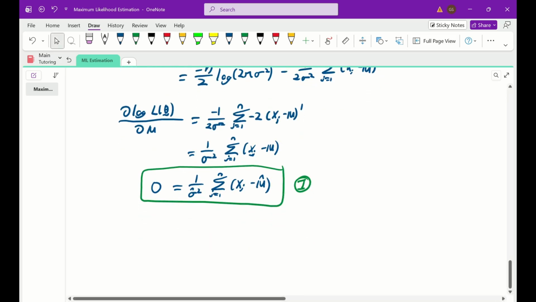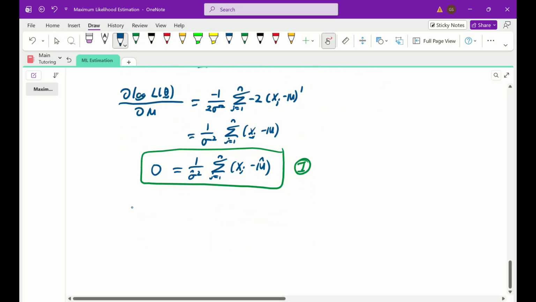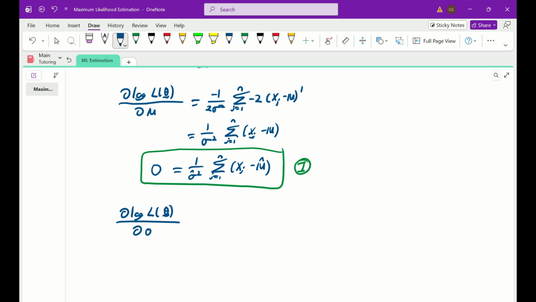We'll just take the next partial derivative. So instead of taking the partial derivative with respect to mu, this time we're going to take the partial derivative with respect to sigma squared. Now, something important to note here is I'm deriving with respect to sigma squared as a whole block.